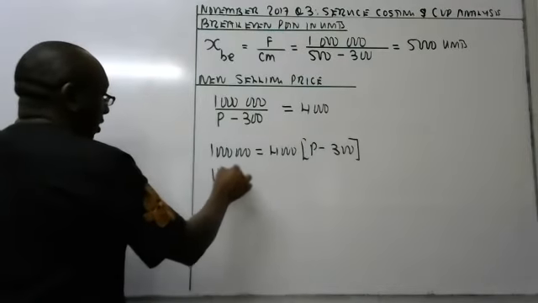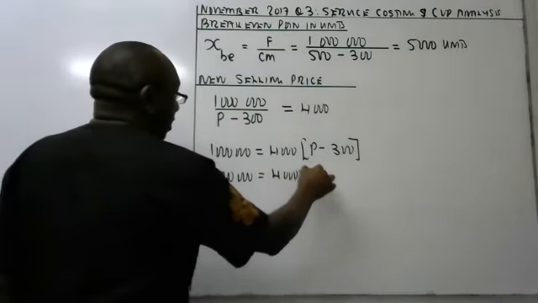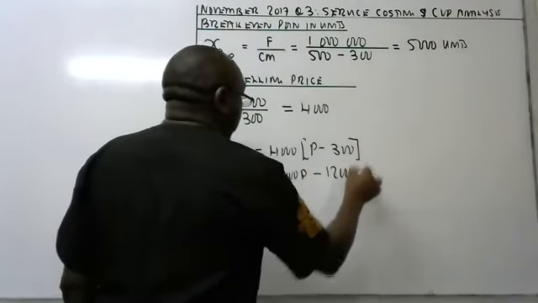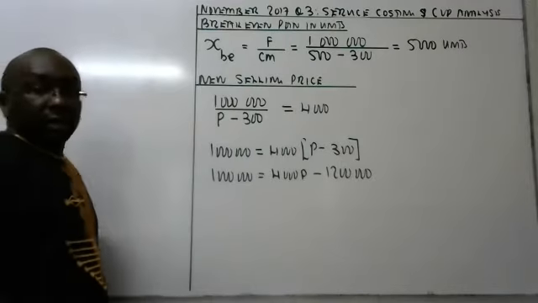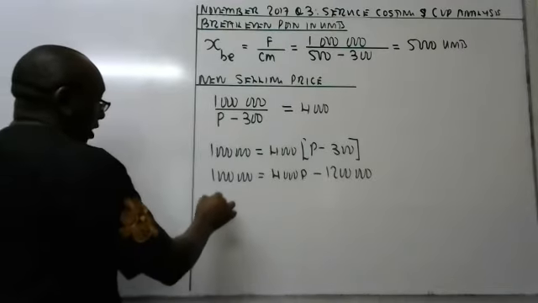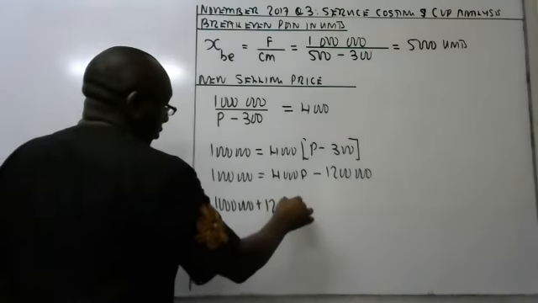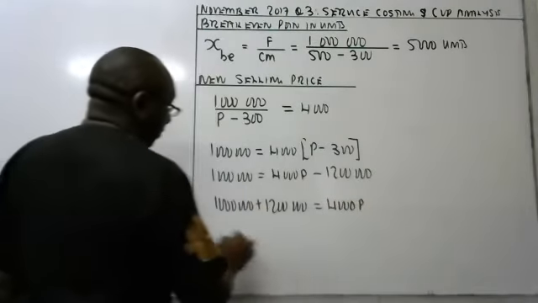So this is 1 million. You open the brackets and get 4,000 P minus 1.2 million. So putting like terms together, we have 1 million plus 1.2 million equals 4,000 P.